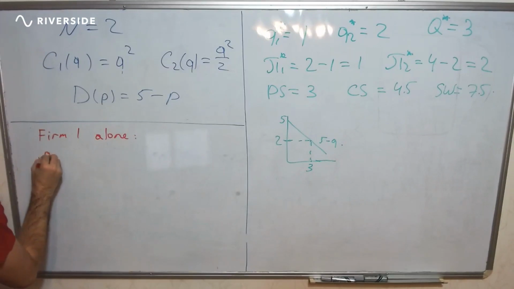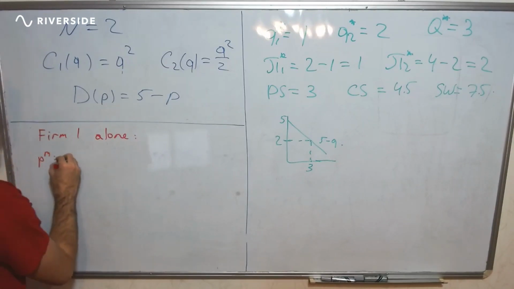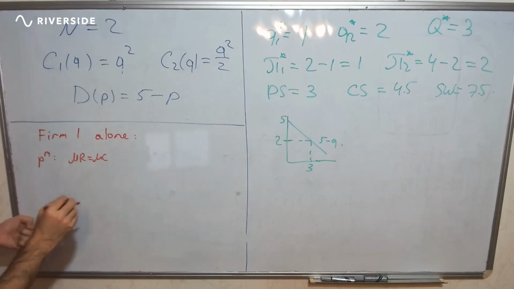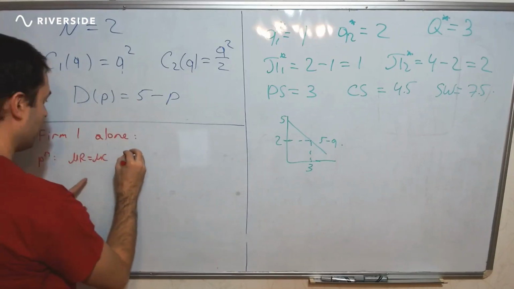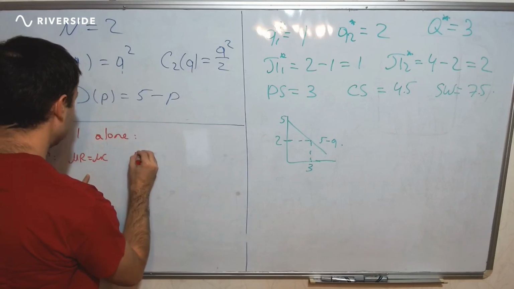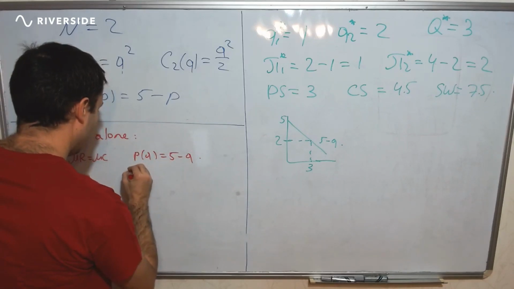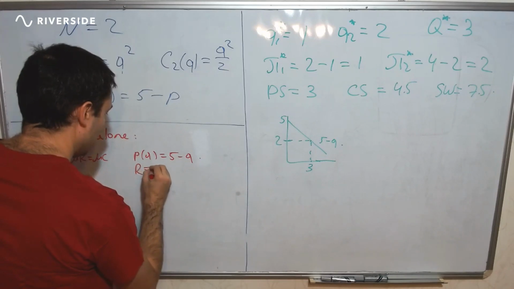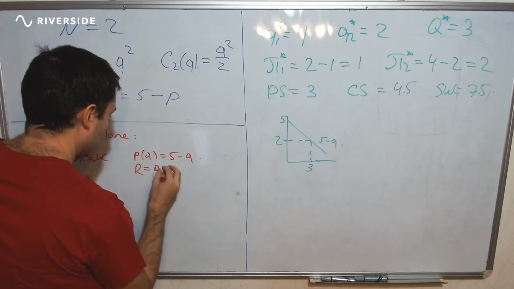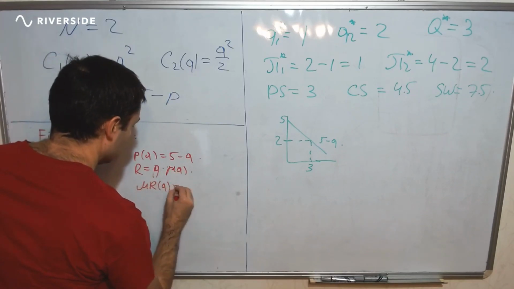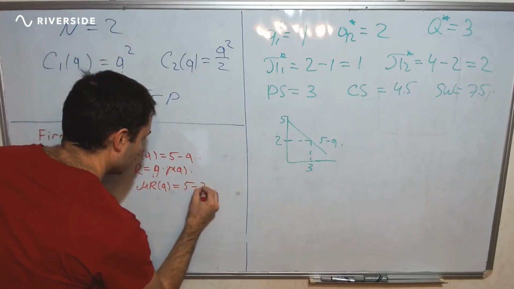So let's find that. For monopoly, the rule is marginal revenue equals marginal cost. We already know what marginal cost is, so let's figure out the marginal revenue. Inverse demand is 5 minus Q, therefore revenue is Q times P of Q, and marginal revenue, if you take the derivative, will be 5 minus 2Q.